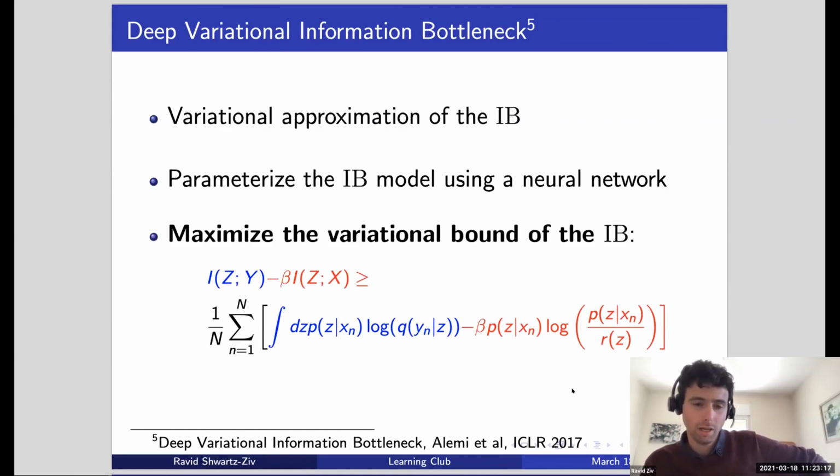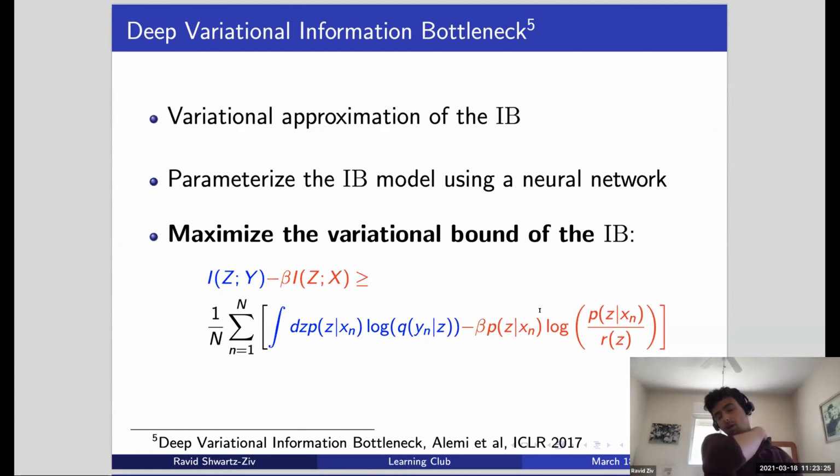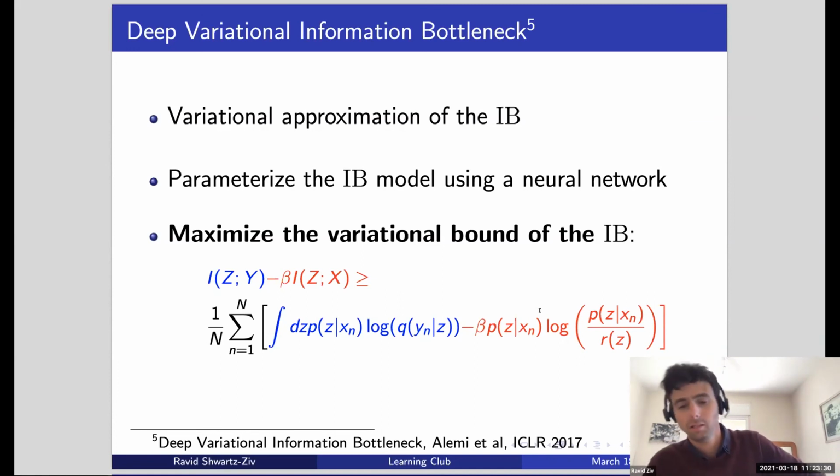The nice thing in this bound is that we can take all these terms to be neural networks and train end-to-end with SGD, and everything is okay. So this is called the deep variational IB.